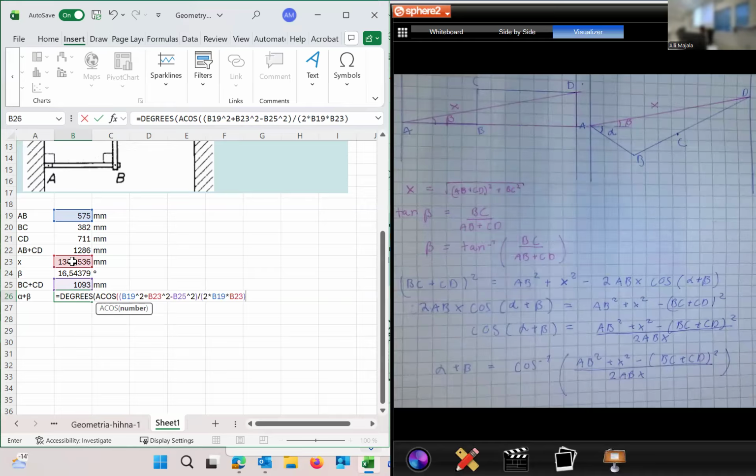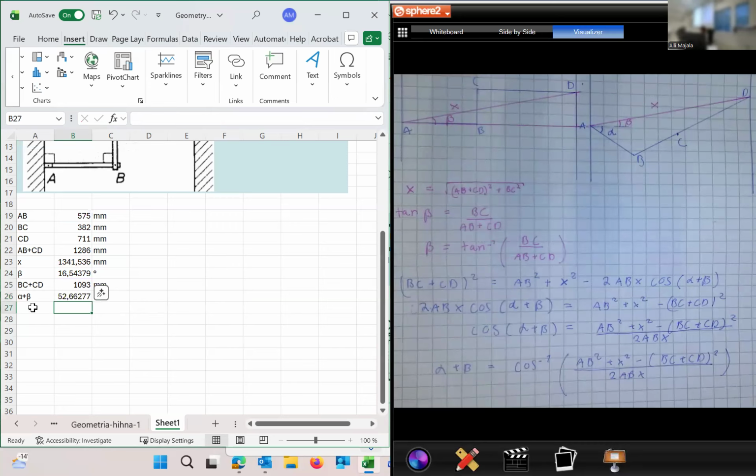Okay. Then bracket. And then the bracket. Whoa. Maybe this is correct. And then I can get the alpha.